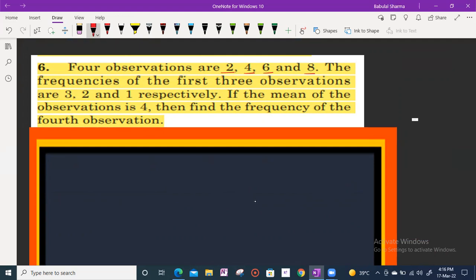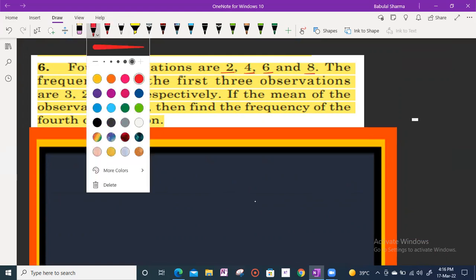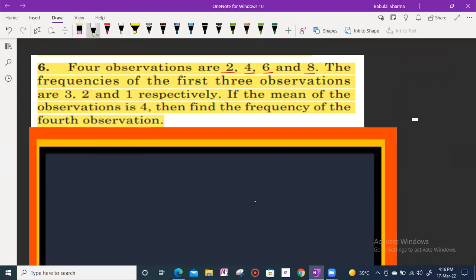It is already given that the frequencies of the first 3 are given. So 2 comes 3 times, then 4 comes 2 times, plus 6 comes 1 time, and let the frequency of the last observation, that is 8, be f.